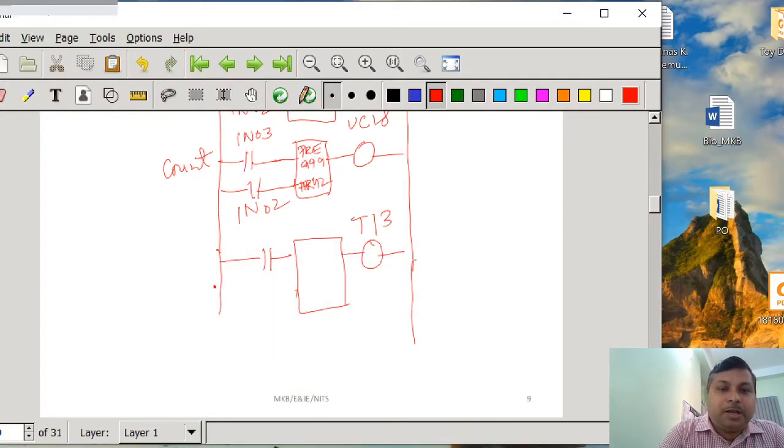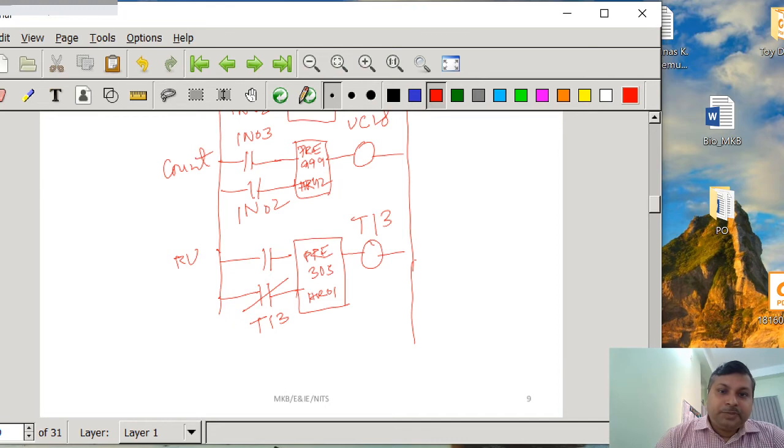Here we will make it normally closed, the address is T13, and this is the run, and the preset value we have is 30 seconds. And you can give HR01 maybe for the timer.